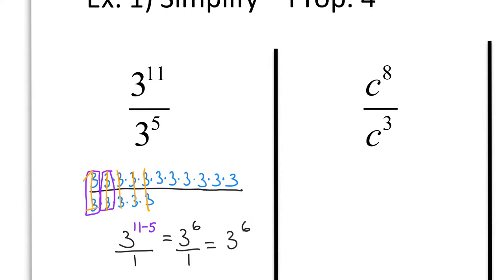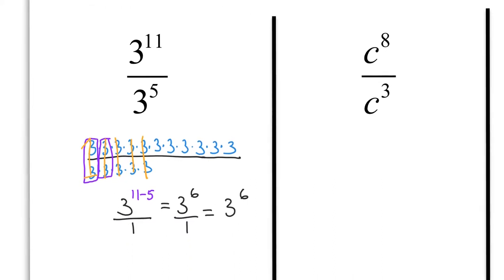Now with the calculator, you can actually simplify 3 to the 6th power, and that equals 729. Now in your class, you just have to ask your teacher what type of answer your teacher wants. Maybe they want the answer in exponential form, so you have the exponent 3 to the 6th, or your teacher wants you to use the calculator and simplify to the actual answer. So just make sure you ask your teacher.